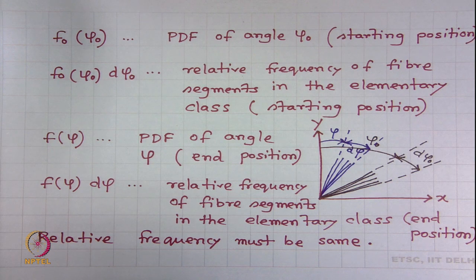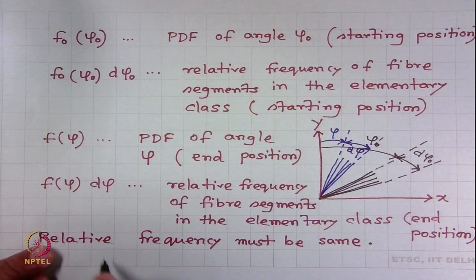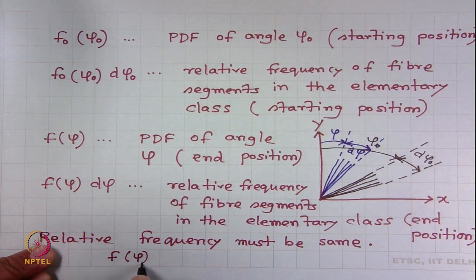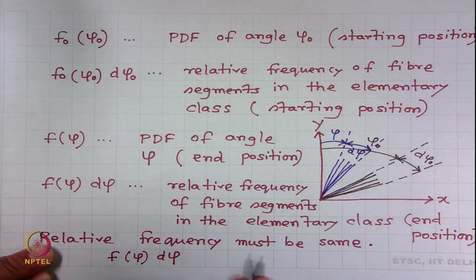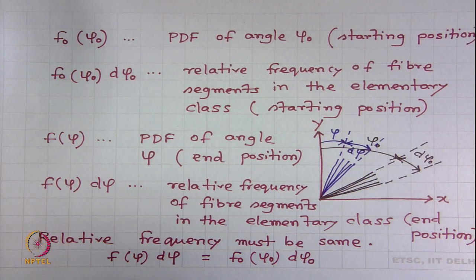If relative frequency must be the same, that means f psi into d psi, the relative frequency of this class, is equal to f naught psi naught into d psi naught, the relative frequency.